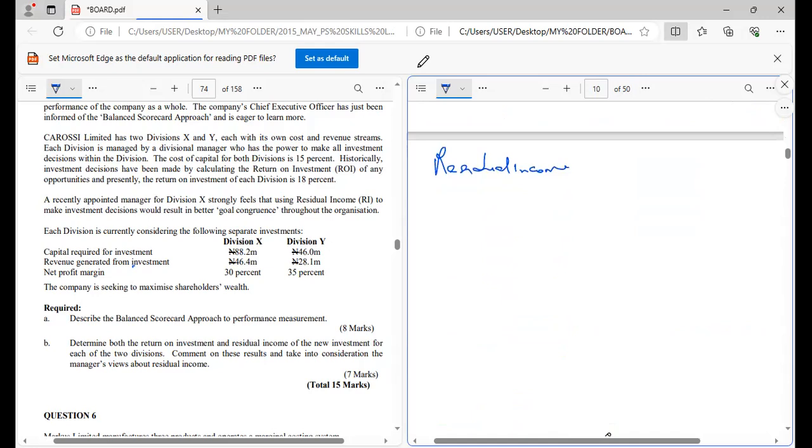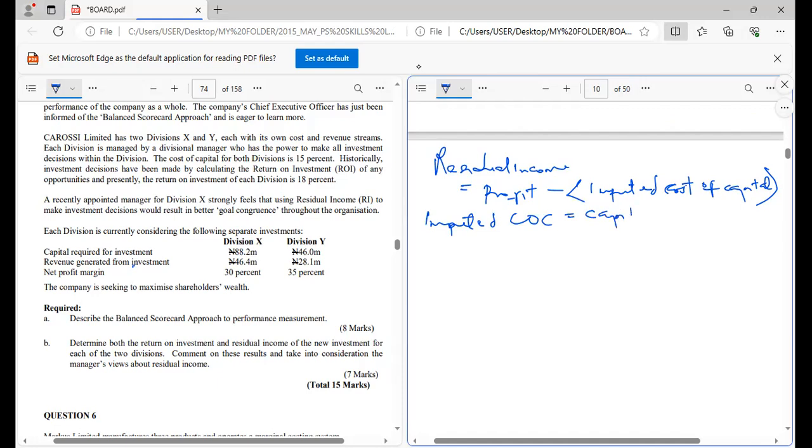For the residual income, we know that residual income is equal to profit minus imputed cost of capital, where imputed cost of capital is equal to capital employed multiplied by your cost of capital.